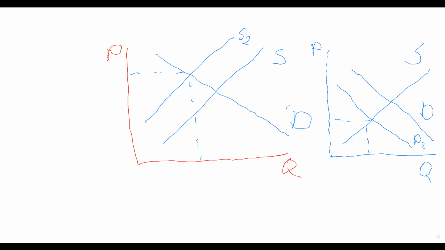The supply of Cadillacs will increase as more and more people will try to sell their old Cadillacs. And this point will be our new equilibrium, which will have approximately the same equilibrium quantity as we had before the war in the Middle East. However, we will have an even lower equilibrium price as compared to what we discussed from the first change.